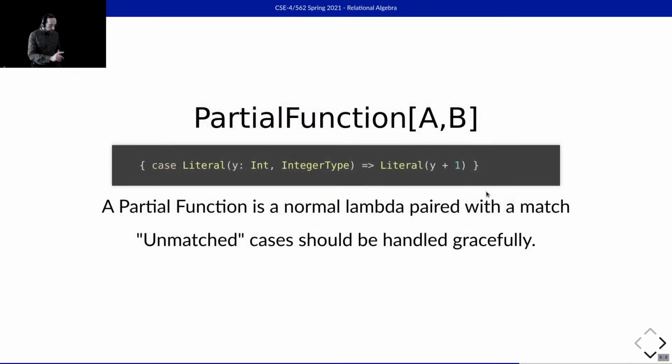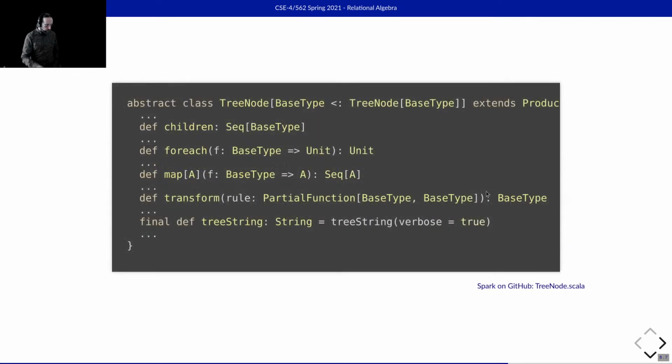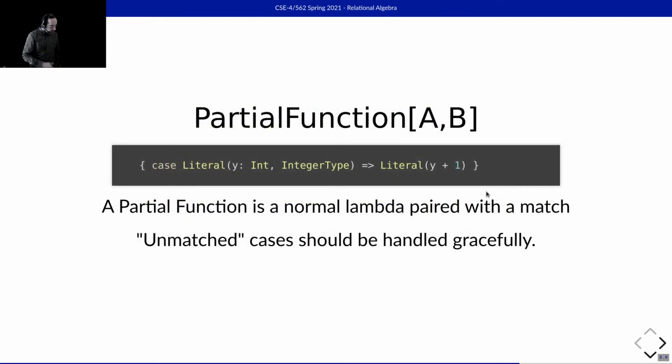And there's also this transform function. Now you're looking at this, you may not be familiar with Scala, and you're seeing a partial function. What the heck is that? How am I going to deal with this? Well, a partial function, because this is going to show up in a couple of different places, I want to define it. A partial function is essentially a combination of a lambda function, in other words, you inline define some sort of function, and a match statement.